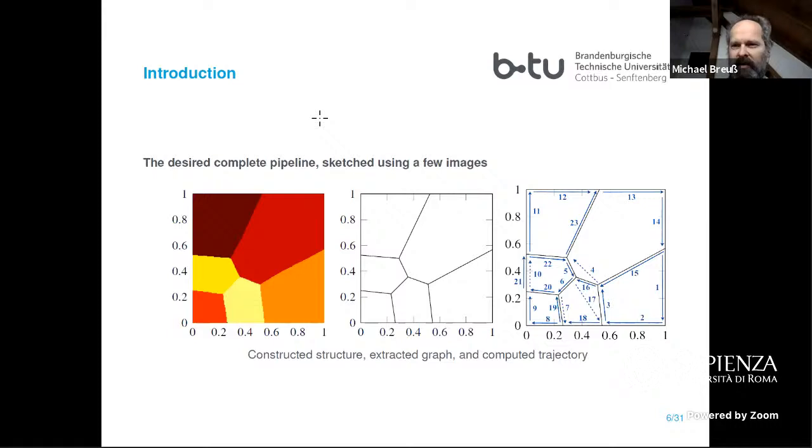So this is a sketch of the complete pipeline that I'm speaking of. We have a given geometry here in this simple sketch. It's just the initial square. So we want to build some reasonable structures, and then you see here some graph-like structures of these supportive structures that you can build.